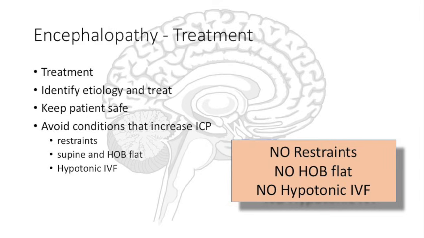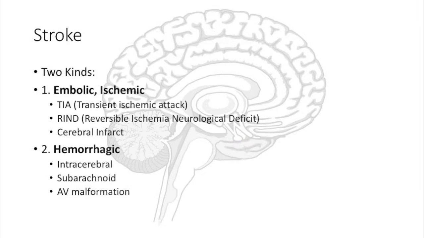There are two kinds of stroke tested on the CCRN exam, and that's embolic/ischemic and hemorrhagic. There are 3 points to know about the embolic or ischemic stroke. That is a transient ischemic attack, TIA, a RIND, which is a reversible ischemic neurological deficit, and a cerebral infarct. The TIA is short-term, 24, 48 hours.